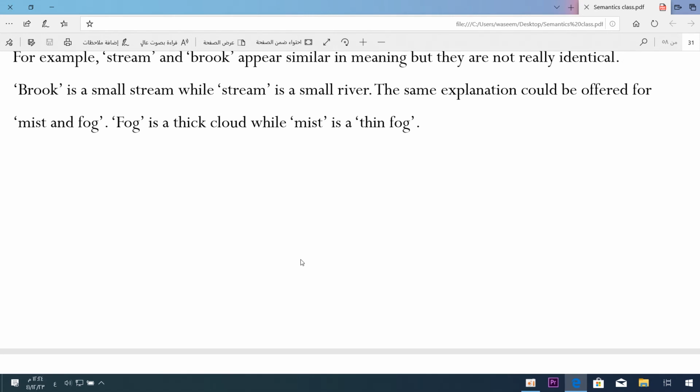I would say Japan produces excellent mobile phones. Japan makes excellent mobile phones. So both verbs are consensual synonyms. Here they express the same meaning, so we call them cognitive synonyms.